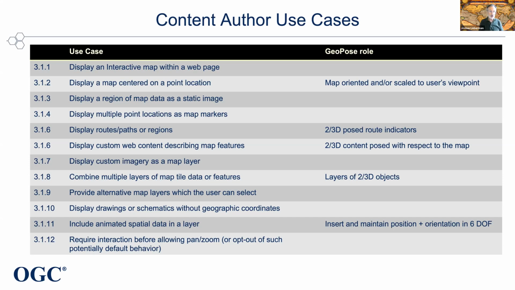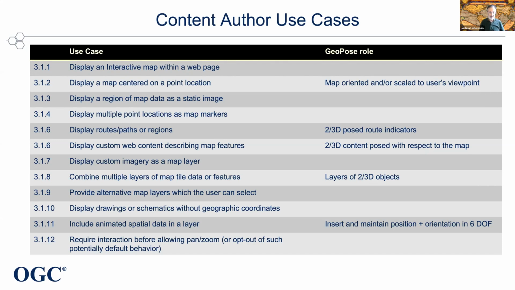So being able to symbolize or mark objects, they may be points of interest, but we can exactly use the GeoPose to show this is the orientation in which you would see that building or that other feature as you encountered it along the route or from a particular perspective on the route.